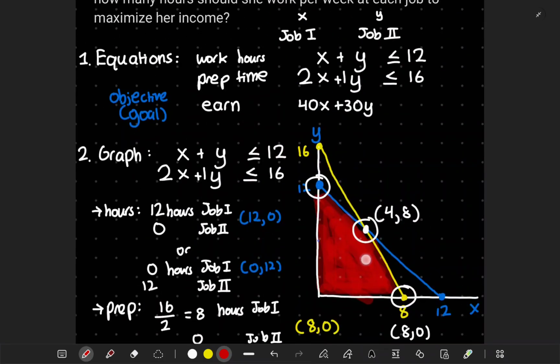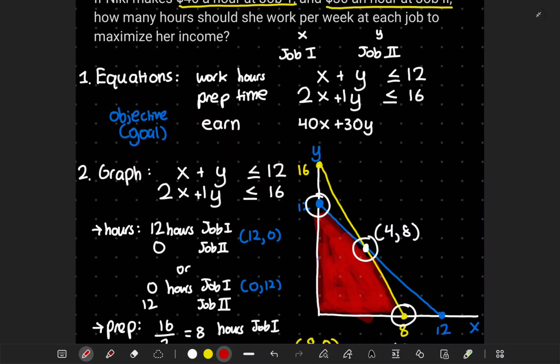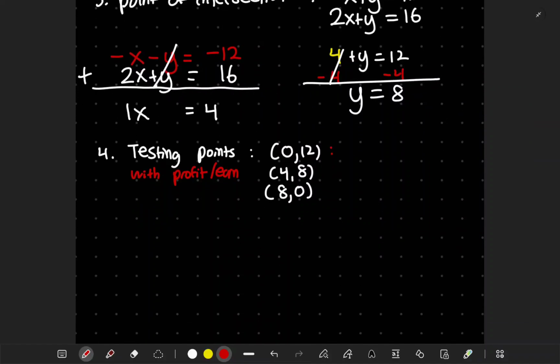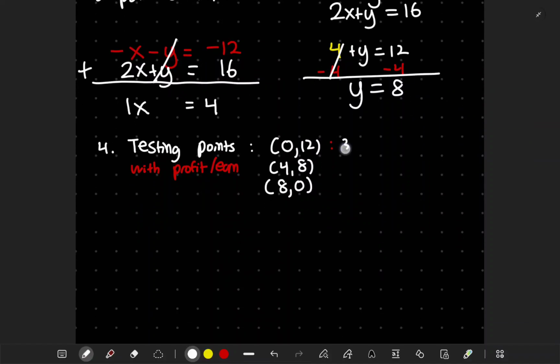Plugging in this one, since she only works 12 hours in the second job, that's 30 times 12. That's going to be 360. If I do the next one, she earns 40 for the first, so that's 40 times 4 plus 8 times 30, so 8 hours for the 30. When I get that, I believe I should get 400, because that's 240 plus 160.